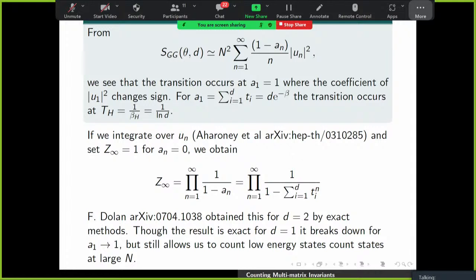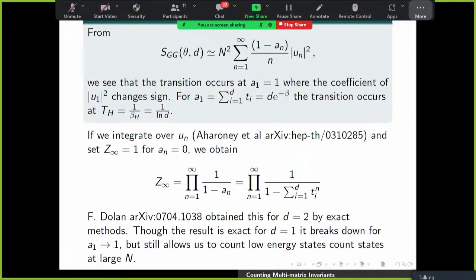That term for a1 changes sign, and since a1 is given by the sum over i equals 1 to d of t i, and an is the sum of t i to the n, it's positive, and the first one to become negative of those 1 minus an has to be a1. It occurs at a particular temperature, th, which is 1 over log of d, where d is the number of matrices, and this is a Hagedorn phase transition in the system.